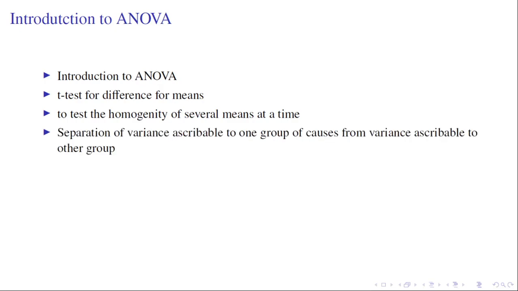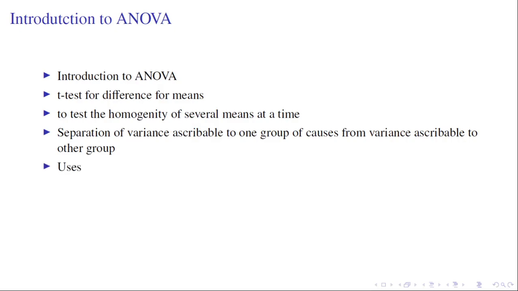In the words of R.A. Fisher, analysis of variance is the separation of variance ascribable to one group of causes from variance ascribable to other groups. By this technique, the total variation in the sample data is split into independent components. Each of these components is a measure of variation due to some factor.